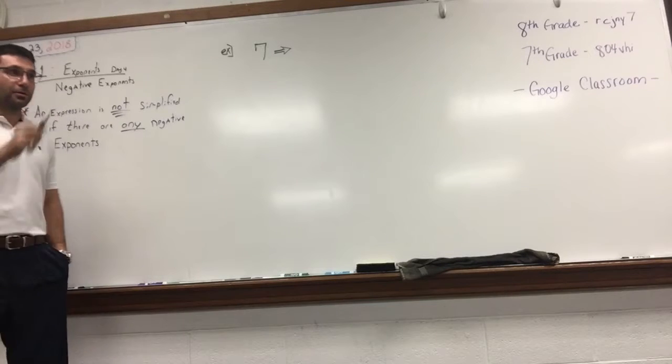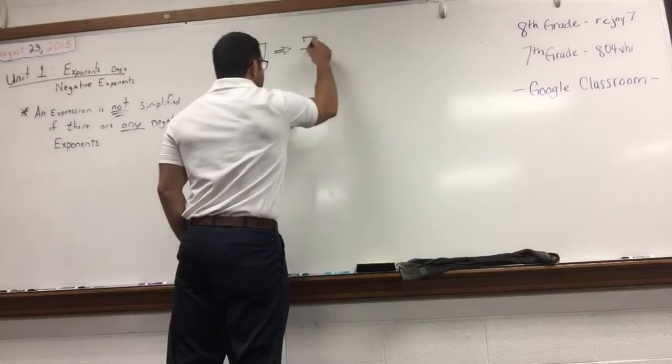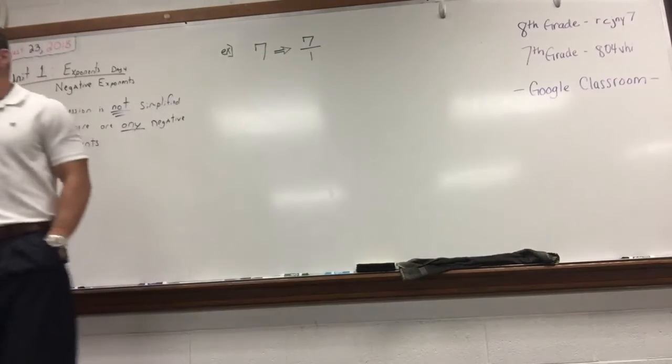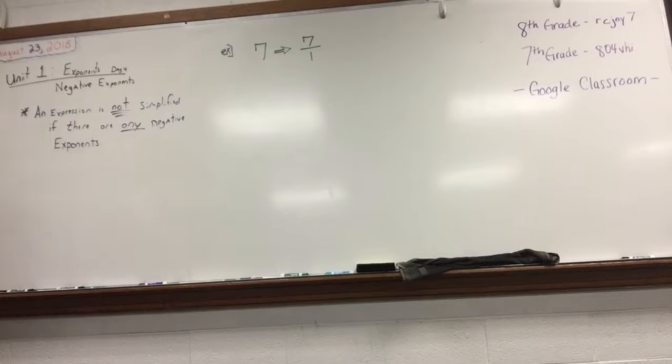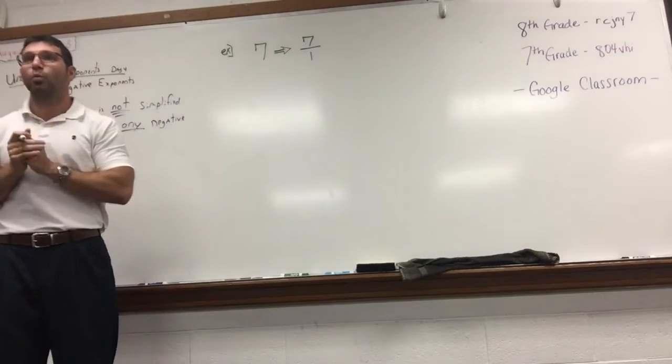So what did we do? Carly? 1. Very good. It is 7 divided by 1. Anytime that all we have is one whole number, or a variable taking the place of a number, we need to show that it's dividing by 1.